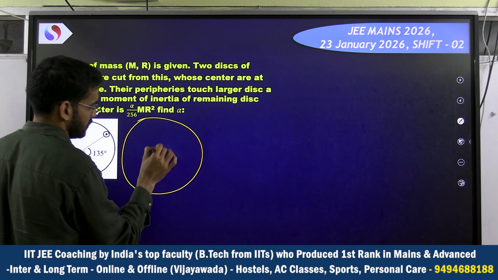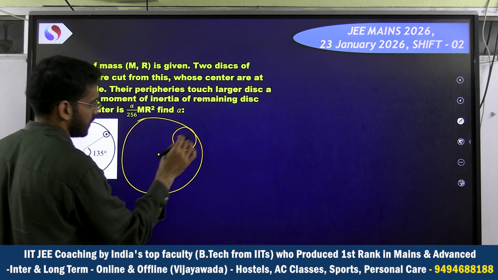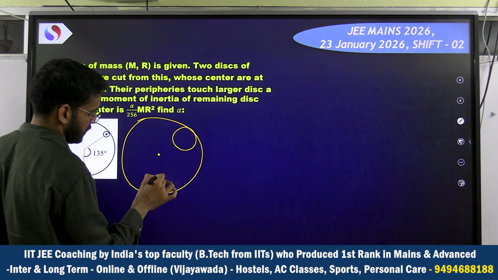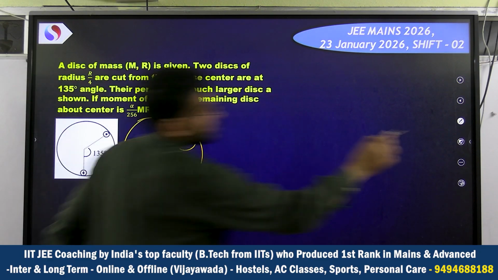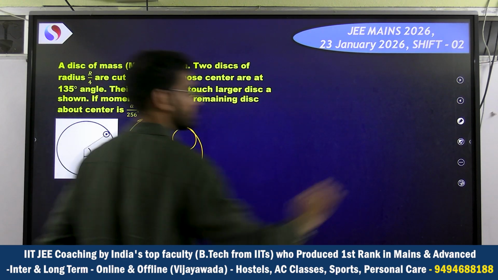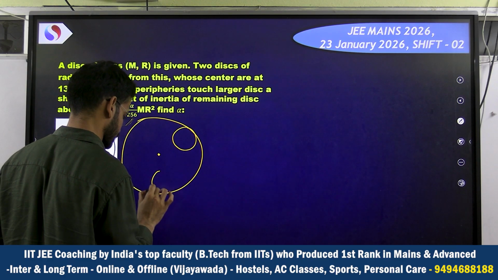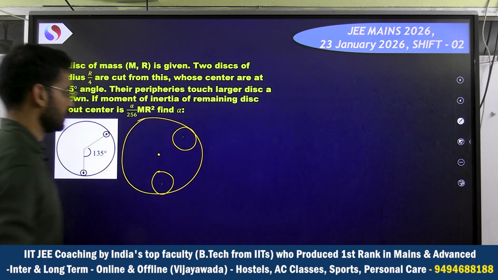This is the disk, this is the center, here is one disk. A radius of r by 4 means r by 2 it will cover, this is r by 2 remaining. And here is one more disk, something like this, with its center here.